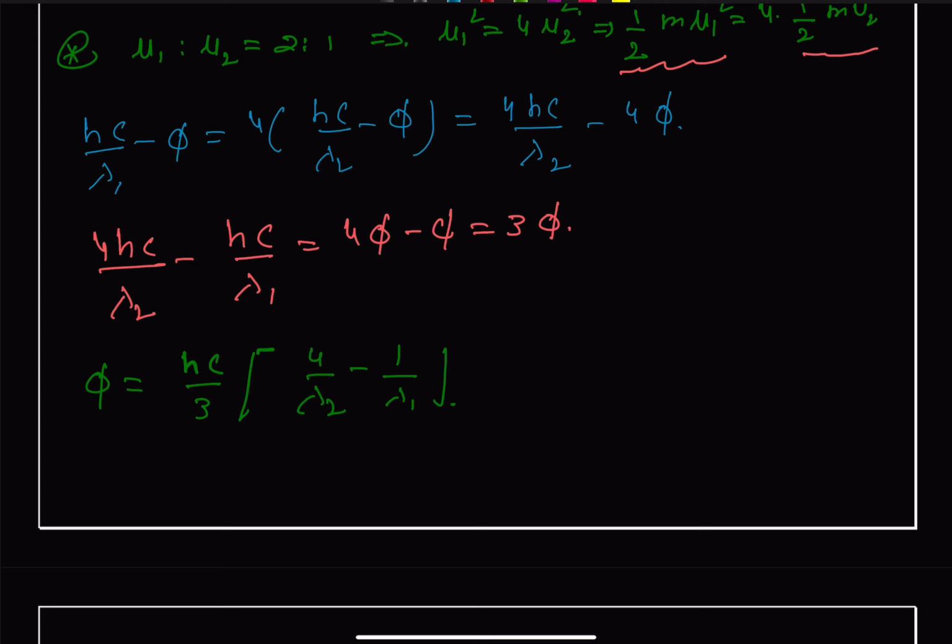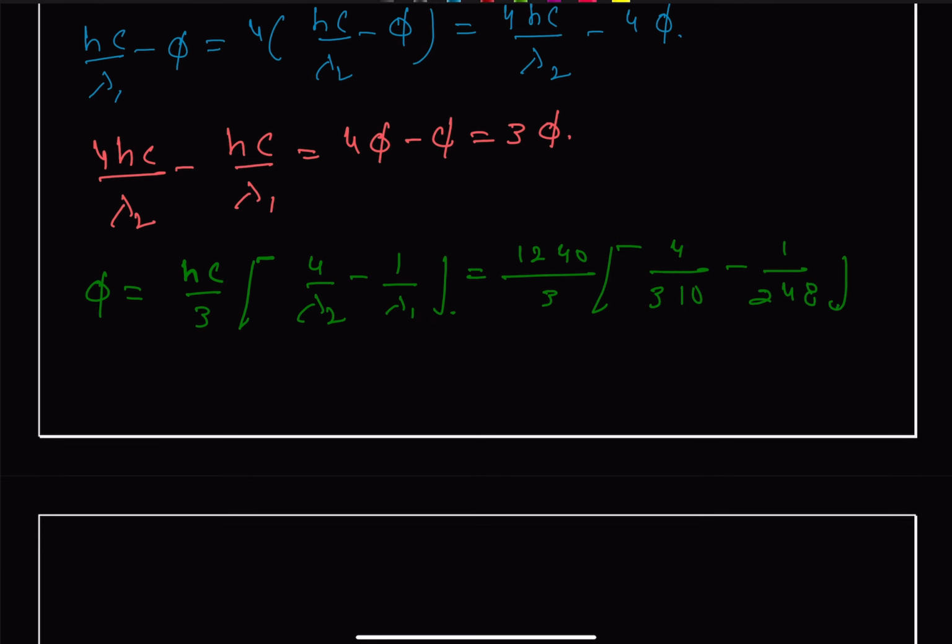All the values are given to us. So we can write this as 1240 divided by 3 times 4 divided by 310 minus 1 divided by 248.